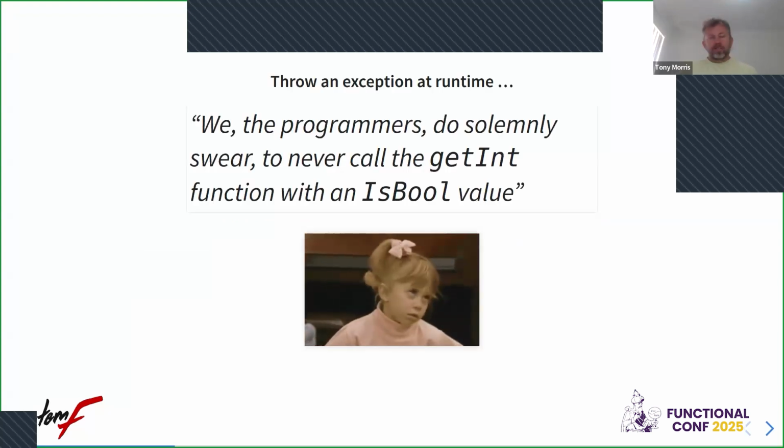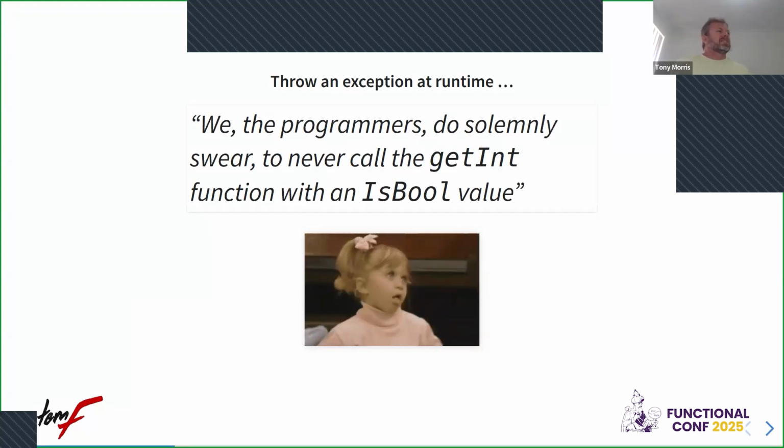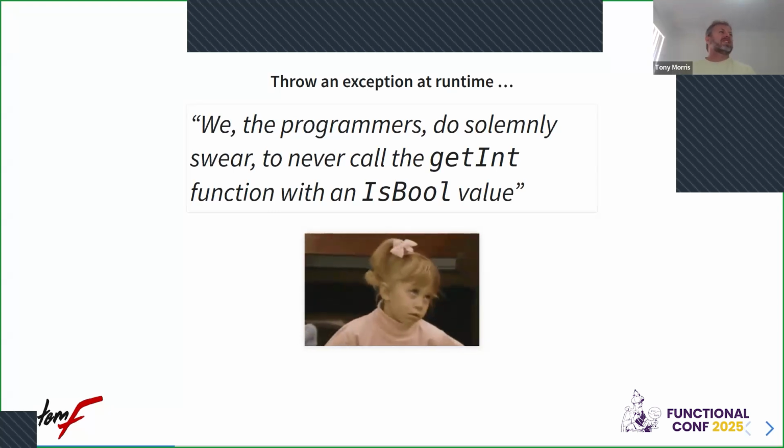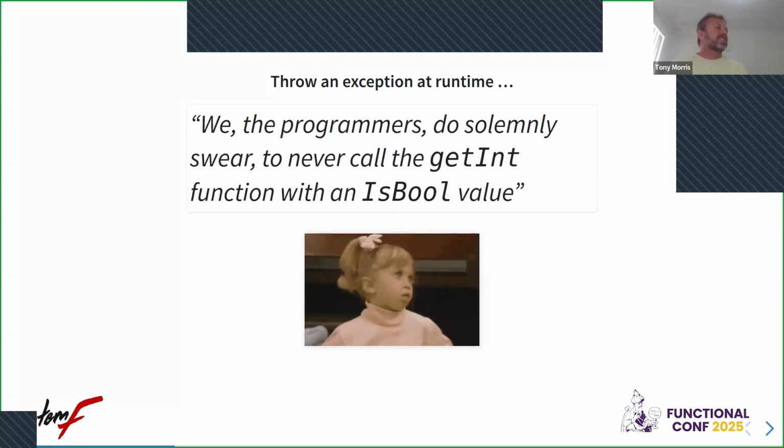And yeah, this is throwing an exception at runtime. And I still do see this. It's 2025, and I think it's amazing that programmers try to convince themselves or try to convince me that, yes, that exception will never occur. Trust me.